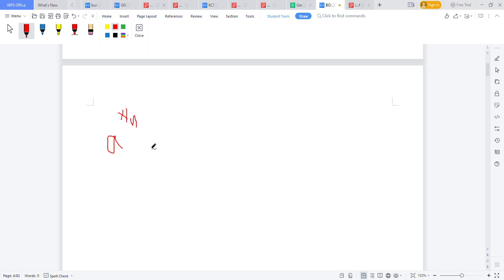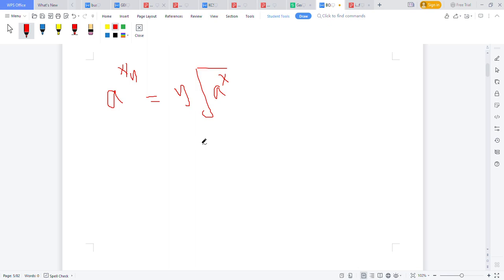You have said this is the same as the y root of a raised to x. Mr. Victor, explain to me this so that I understand what is happening.